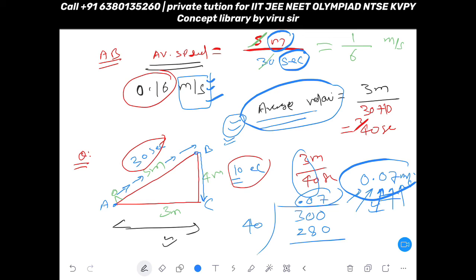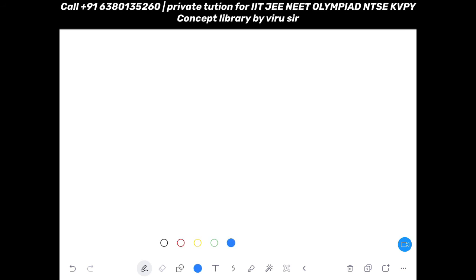So now we will understand what kind of velocity is uniform and what kind of velocity is non-uniform. Okay. So your next heading is uniform and non-uniform velocity.